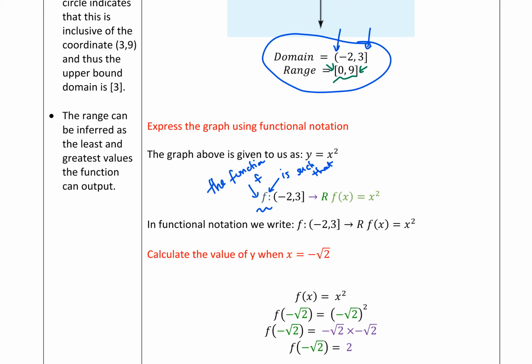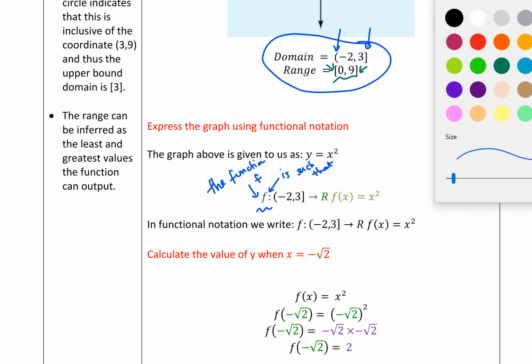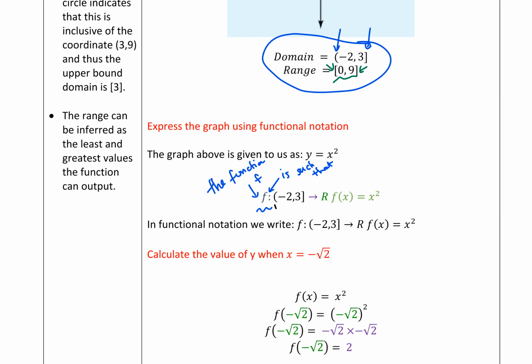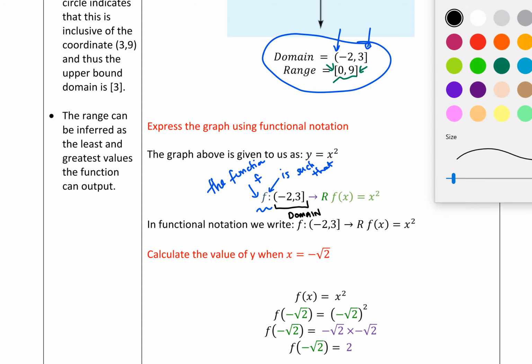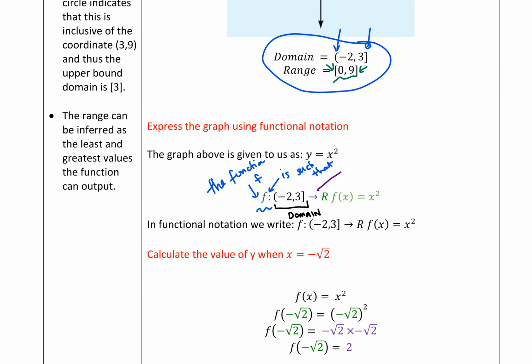So I'm giving it a letter, and then I'm saying these are the rules that that letter follows. The first thing that we'll find is a domain. So this is the domain over which the function exists. The next thing I'll see is an arrow, which means onto.